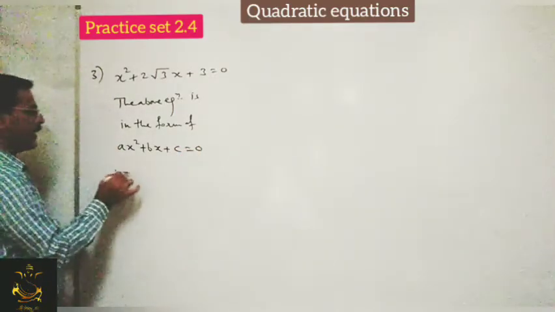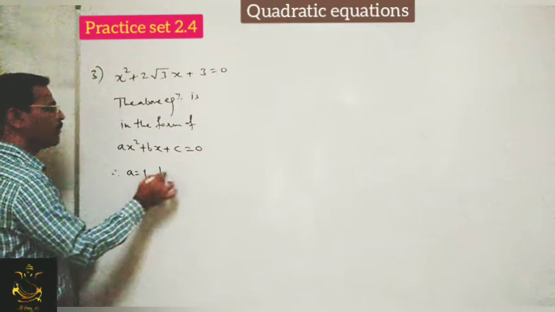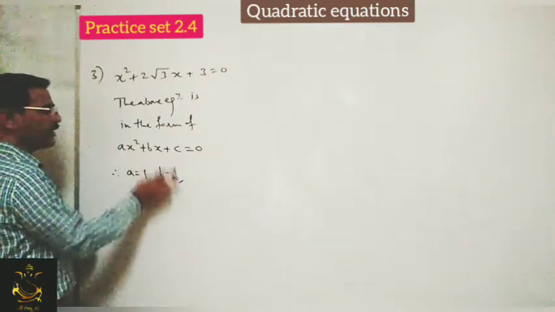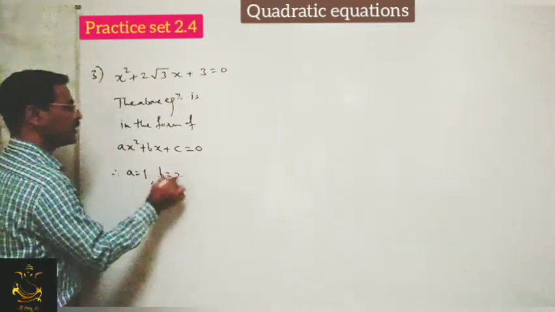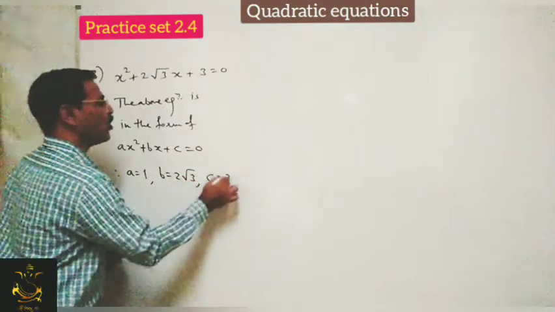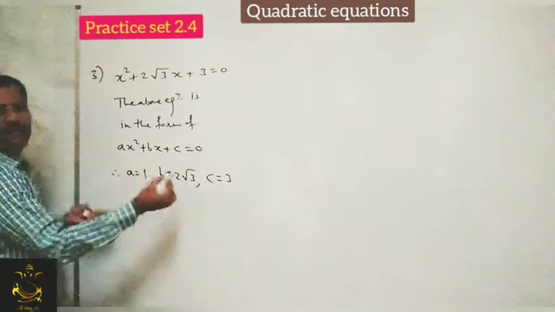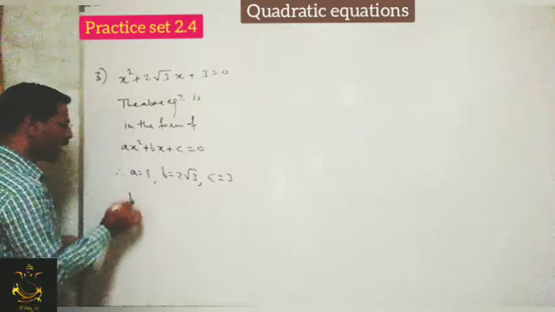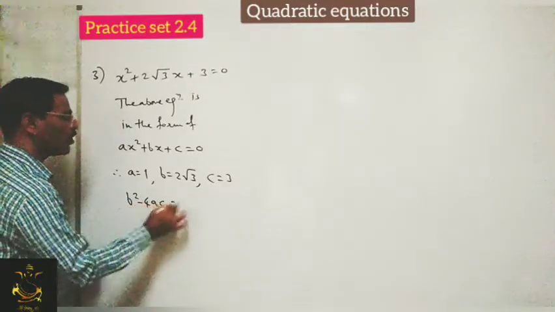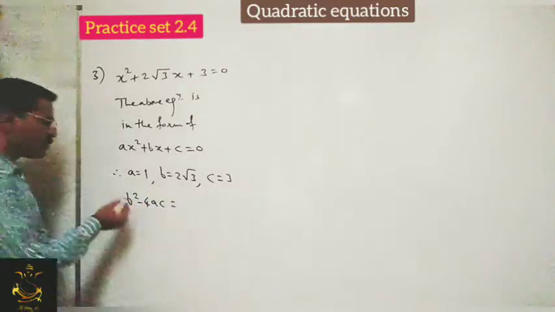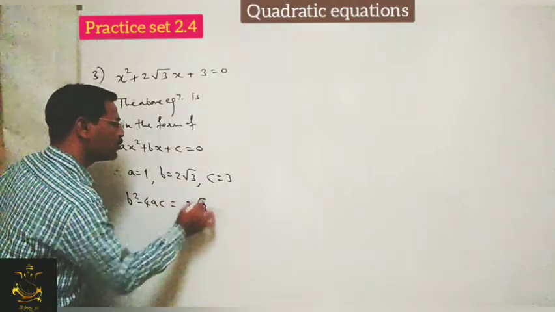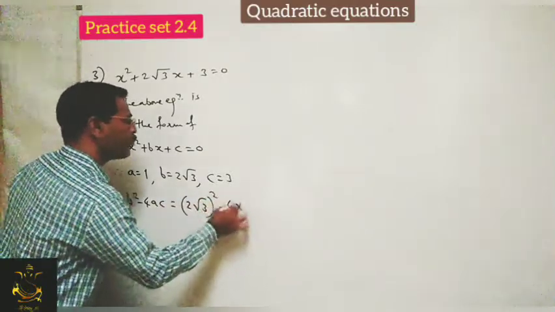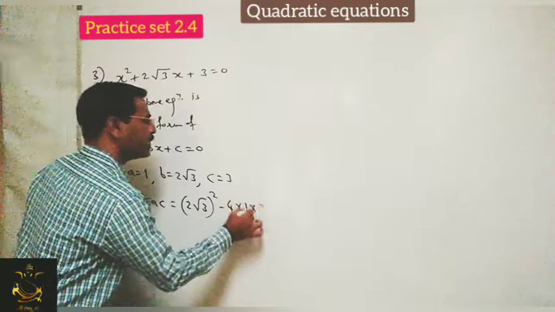Now compare: a is 1, b is 2 root 3 and c is 3. Now after getting the values of a, b, c, we are going to find the value of b square minus 4ac. What is b? It is 2 root 3 square minus 4 into a is 1 and c is 3.